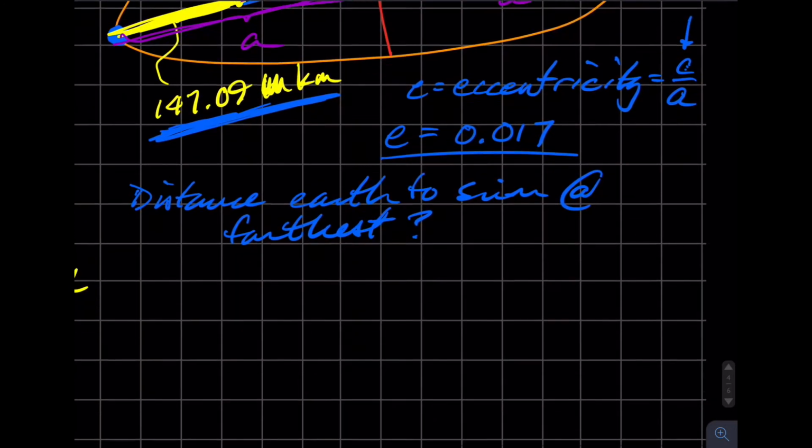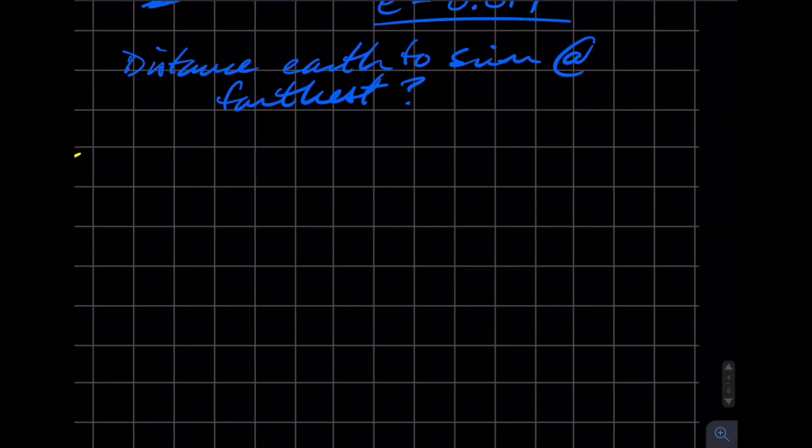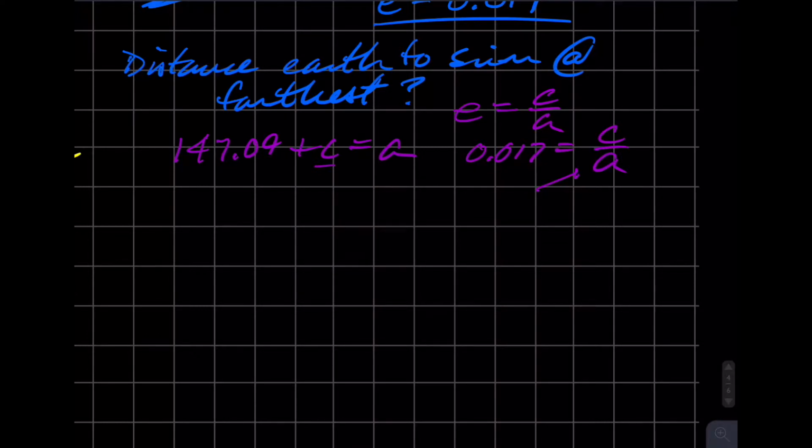So I'm going to transcribe that relationship down here. 147.09 plus C is equal to A. I'm going to solve for C. Why am I going to solve for C? Because I have this other relationship, this eccentricity, E equals C over A, where E is 0.017 is equal to C over A. You could solve for A and then substitute it in here.